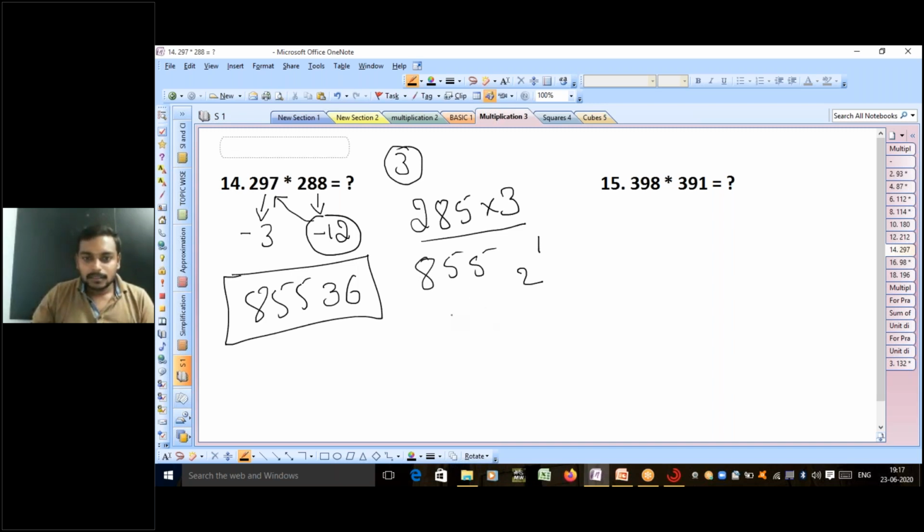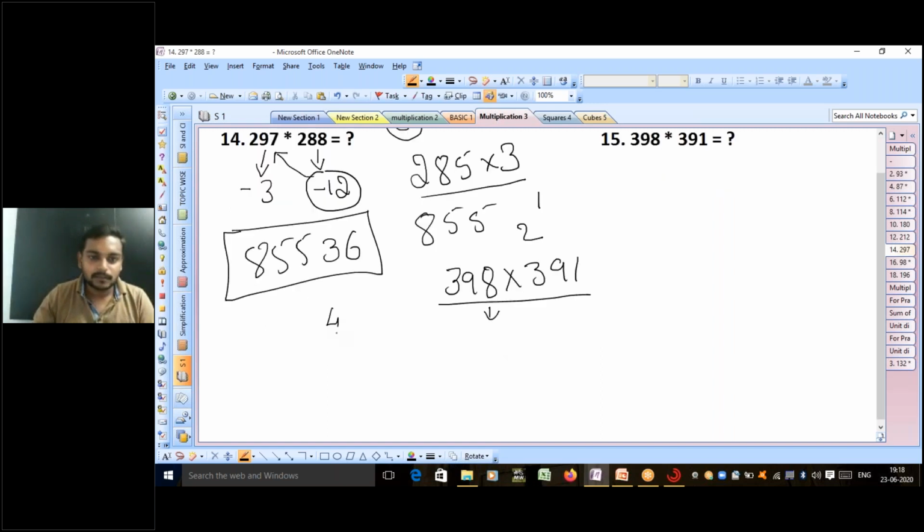Yes. Next one, 398 multiply with 391. We have numbers near to 400. Here numbers are near to 400. For that we have to take base of 400. It is 2 less. It is 9 less. 9 2s are 18.